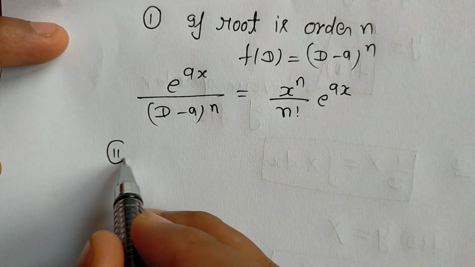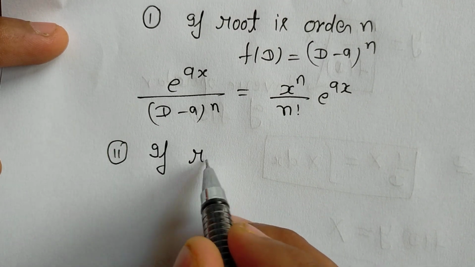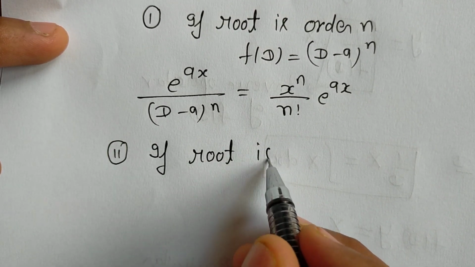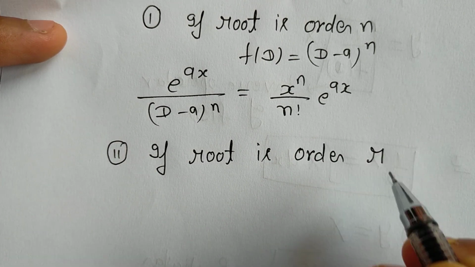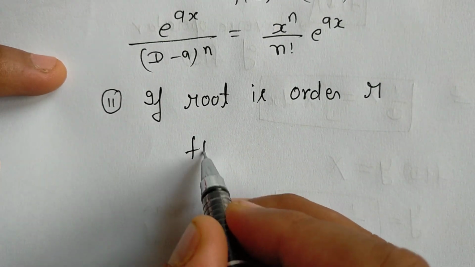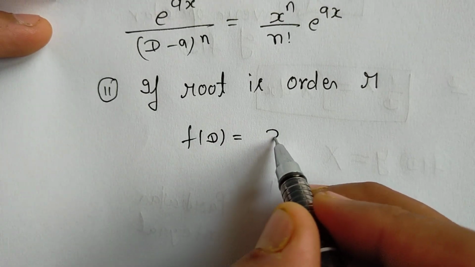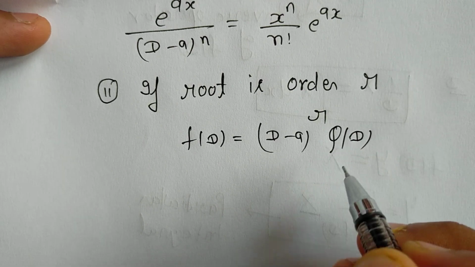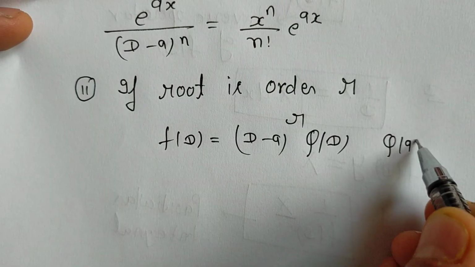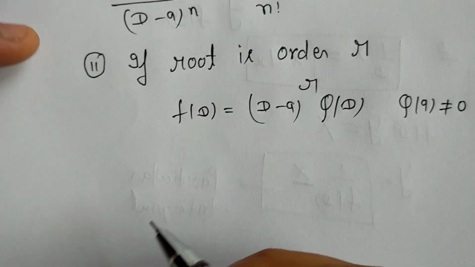And second, if the root is of order r, so f of D can be written as (D minus a) power r times phi of D, where phi of a not equal to 0.